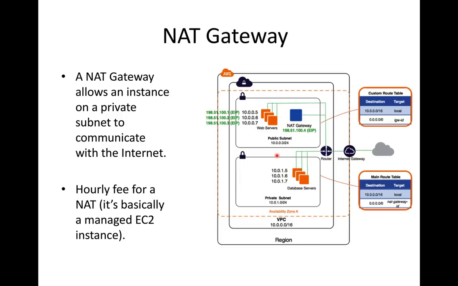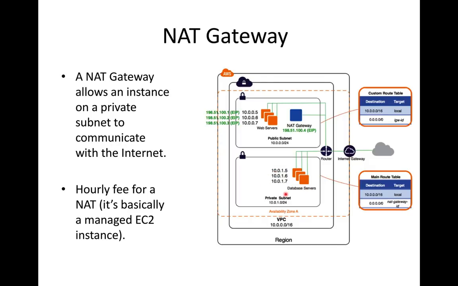But these instances in the private subnet do not have public IP addresses. How would these instances running in the private subnet communicate out to the internet? Well, there are some cases where you don't want them to communicate out to the internet. In which case, you don't have to do anything to their configuration. They have a private IP address. They don't have a public IP address.